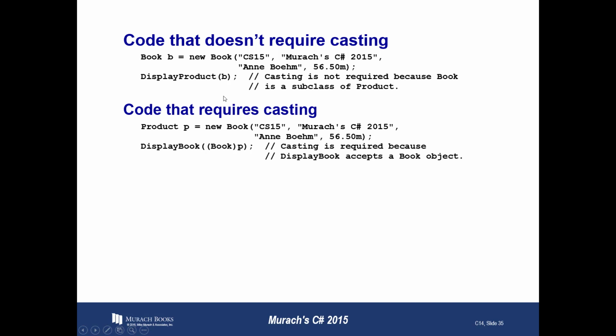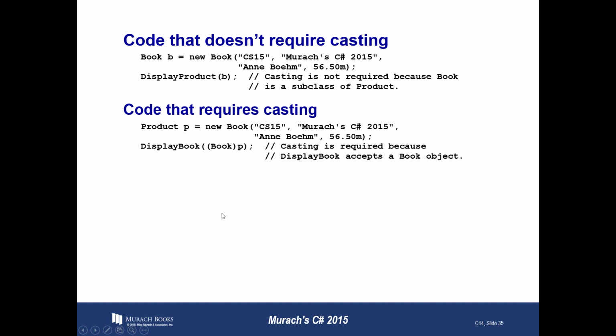Okay, so when you look here, this says Book B, display product B. And what it's saying here is, remember what this is. A book is going to have its product code, its description, and its price all handled by the parent, which is product, and the author will be handled internally by the book class itself. All right, and that's not a problem.